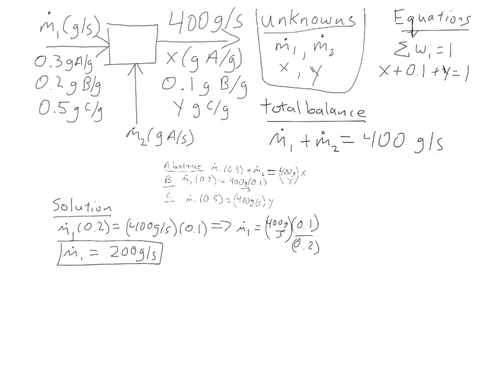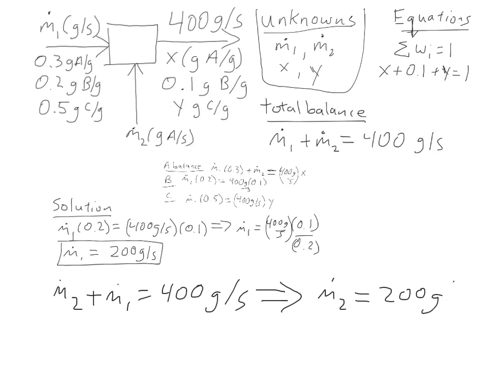So M2 is pretty easy. M2 plus M1 equals 400 grams per second. And if I solve that, M2 is equal to 200 grams per second. Excellent. Again, that's one of the unknowns I'm trying to look for, so I circle that. And now I just have two more variables to solve for, X and Y.